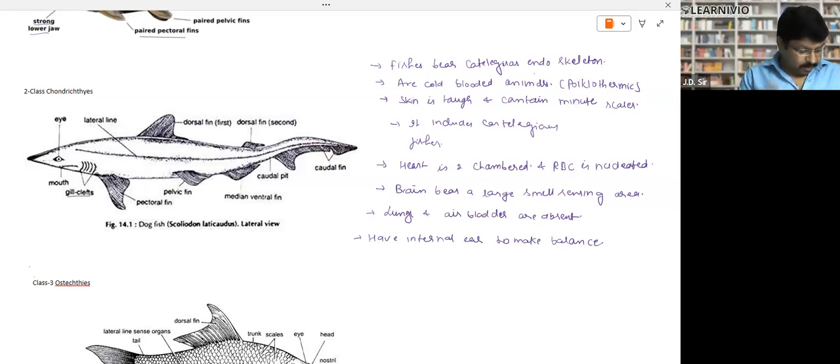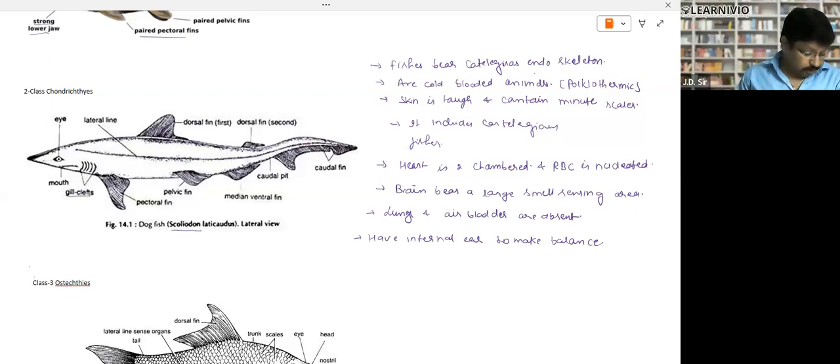And that's it for this. They are the best predator, and the rest of the things I told you. And this is Scoliodon. Scoliodon is a perfect example of shark, right? So this was all about the shark.